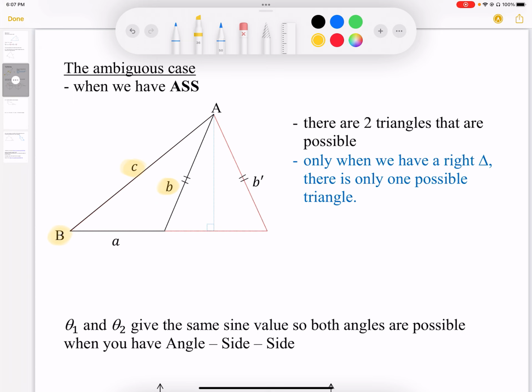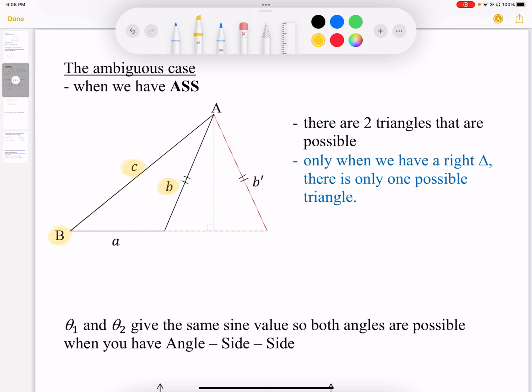That side B can take on this orientation, where this angle here is obtuse, but that side B could also take this other orientation over here, where that angle C is acute. So when we have this angle-side case, it is possible that we have these two different triangles forming.